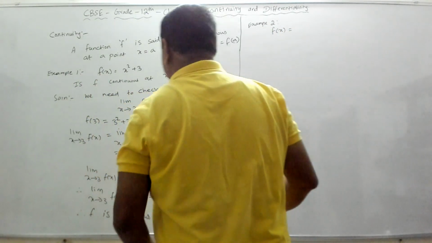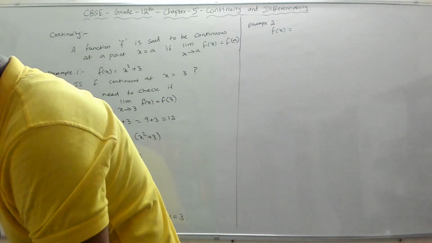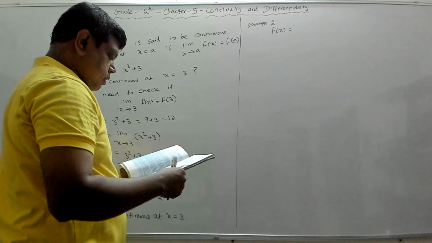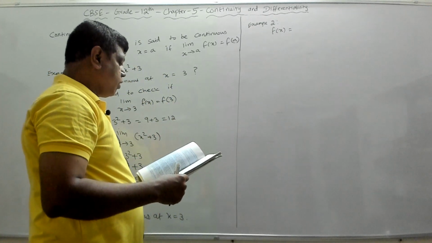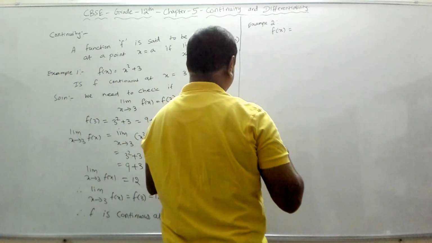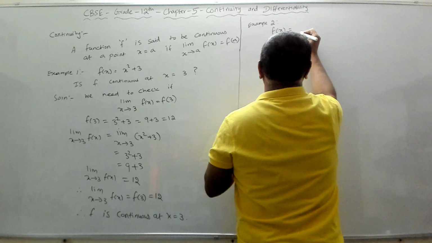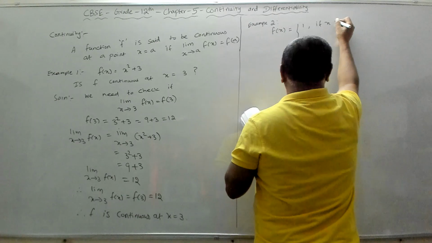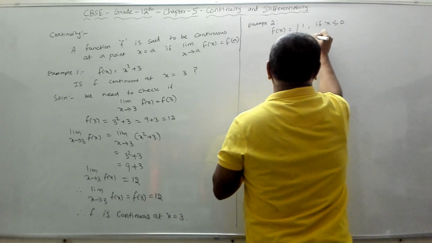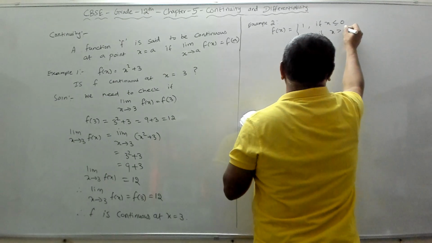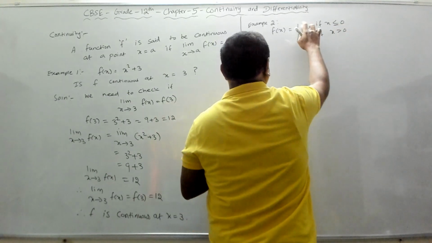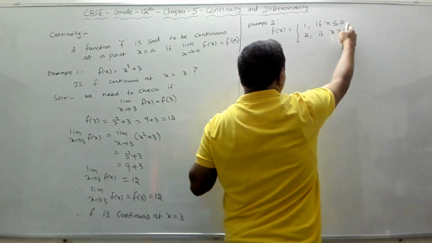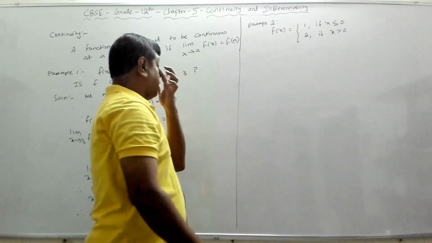I'll take the same one which is in your book, in chapter 5, page number 147 in your textbook. f of x is defined as 1 if x is less than or equal to 0, and it is 2 if x is greater than 0.